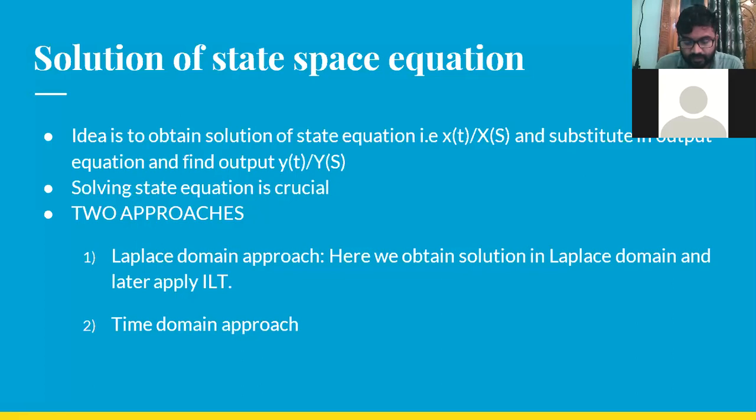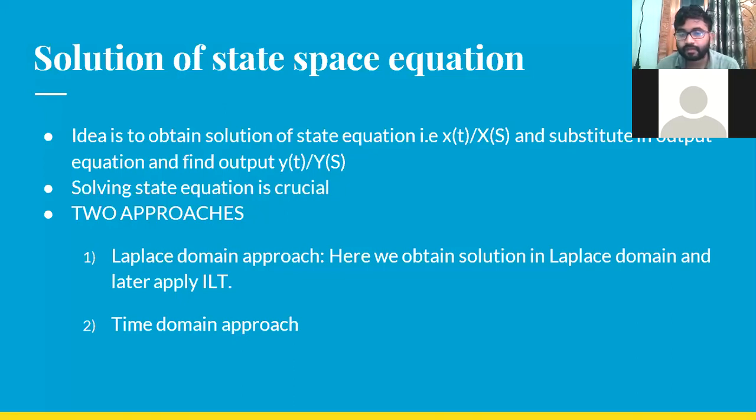It is nothing but solving a simple differential equation. We will solve a differential equation and we will obtain the independent variable. So here in state variables, the independent variables are state variables. We have to solve and find the state variables. Next, after obtaining the state variables from the first equation, we have to substitute them in the output equation.